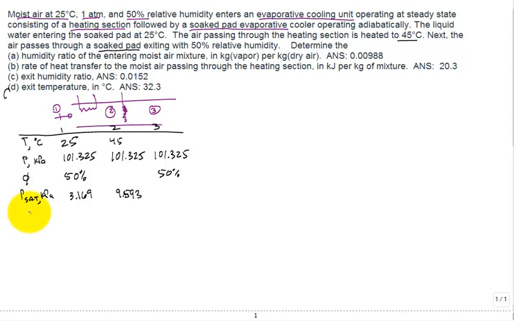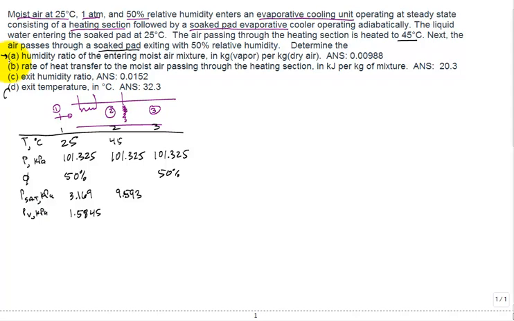Okay, so if you take the relative humidity times the saturation pressure, you get the actual vapor pressure in kPa. So 50% of 3.169 is 1.5845, and likewise, we don't know the relative humidity at state 2, so we'll leave it there.